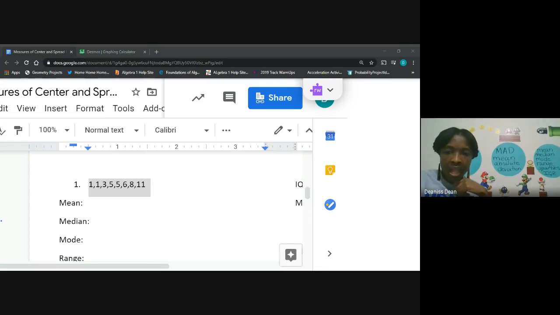All right, so in the chat, don't say your answer out loud. Just type in what you got for the mean. I just want to see what you get for the mean value when you put it in Desmos.